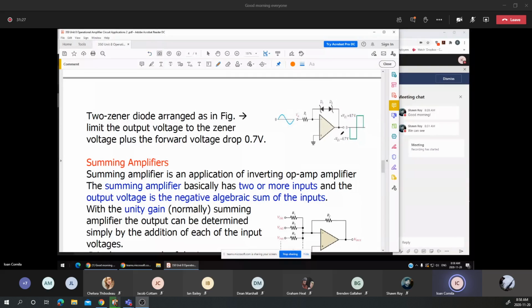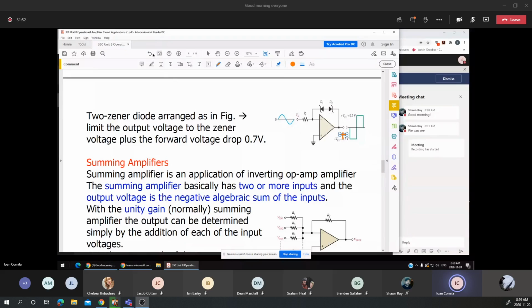Again, if the output voltage is positive, D2 is in reverse bias and D1 is in forward bias. This means that the output voltage is the voltage across D2 plus the 0.7 volts, which is the voltage across D1.